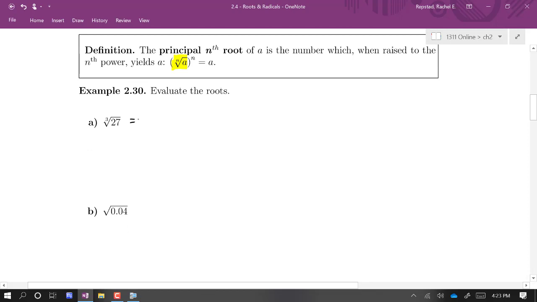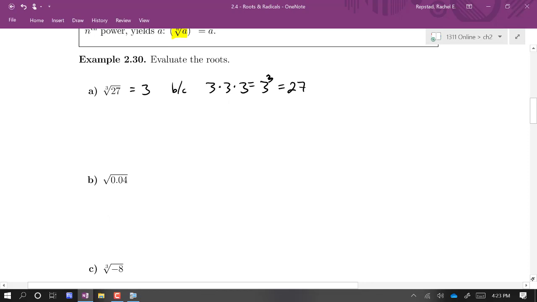The cube root of 27 is equal to 3, and that's because 3 times 3 times 3 is equal to 27, right? 3 cubed is equal to 27. The square root of 0.04 is equal to, now this one might be a little harder to do in our heads.